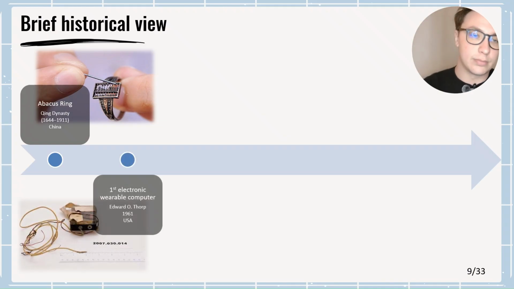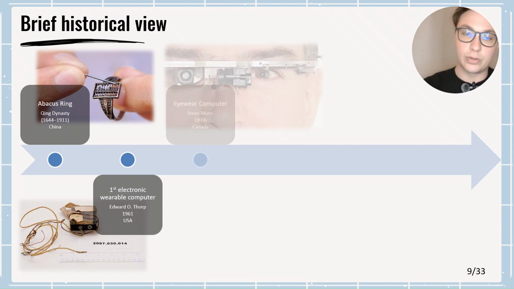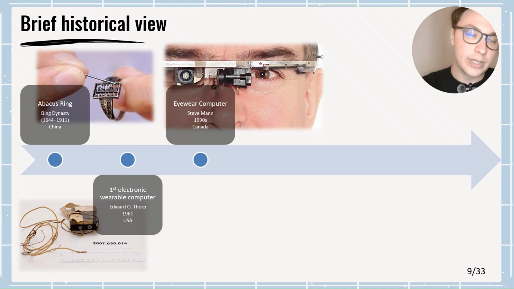Coming up to something closer to nowadays, the very first electronic wearable computer was developed in the USA in 1961 by Edward Thorp, followed in the early 90s by Steve Mann, who's considered the father of the eyewear computer, in Canada.